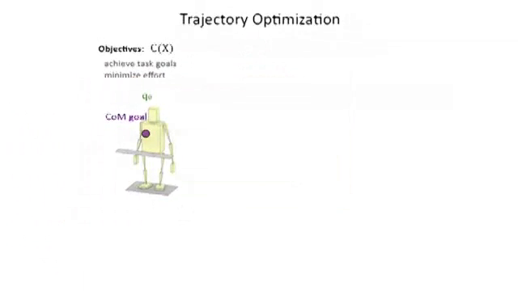So in trajectory optimization, for example, let's say you have a character that starts in some initial configuration, let's call it Q0, containing, say, all the joint angles of this character. And it has some task that you want this character to achieve, for example, move the center of mass over the ledge.